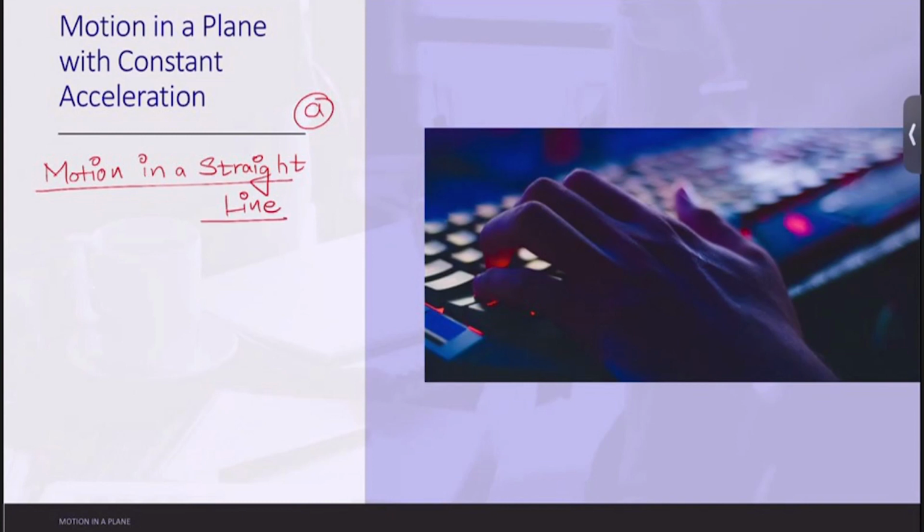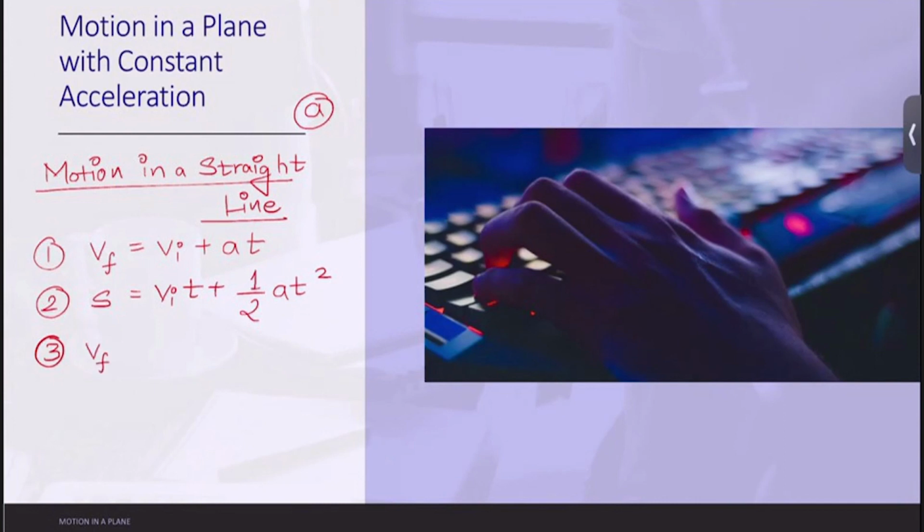In the chapter motion in a straight line, we derived three different kinematic equations. The first: final velocity is equal to initial velocity plus acceleration into time, v = v0 + at. The second: displacement is equal to initial velocity into t plus half at squared. And the third: the final velocity squared is equal to the initial velocity squared plus 2as.